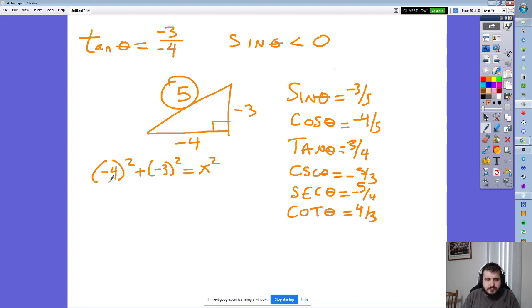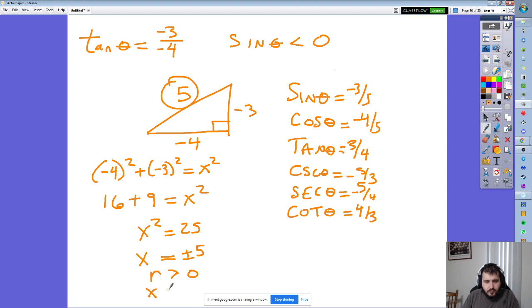You get 25, and then when you square root it, you know that r is always positive, and you get 5.